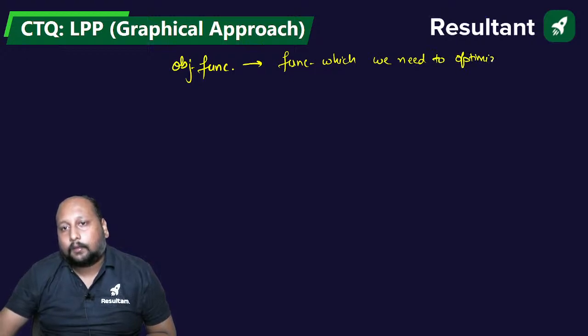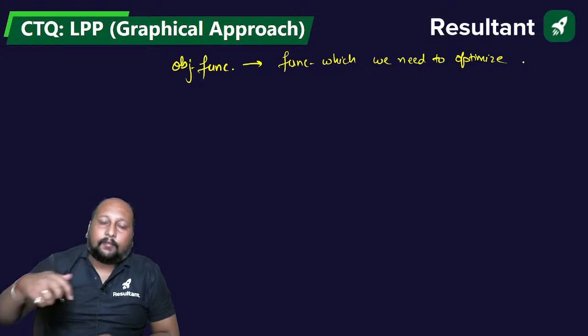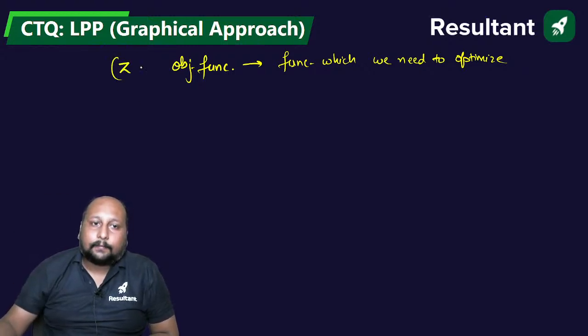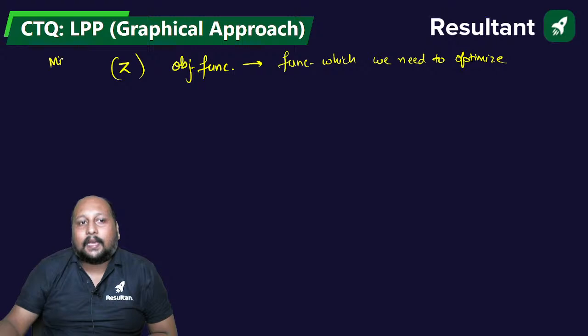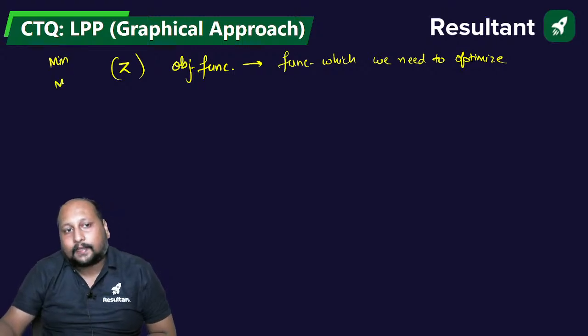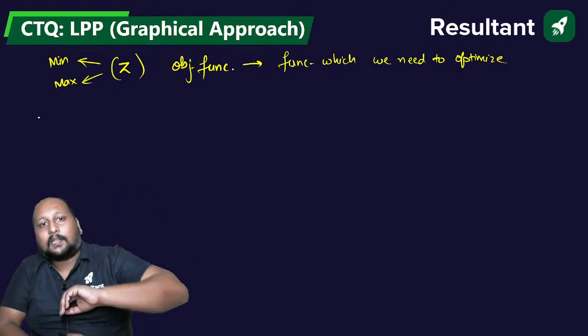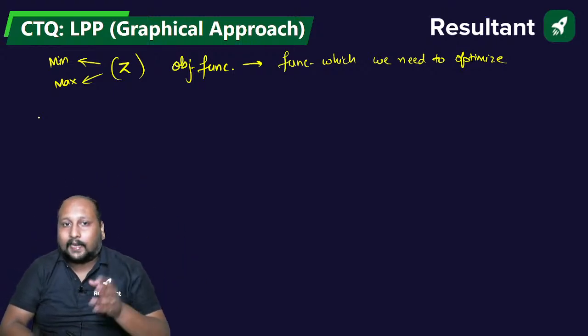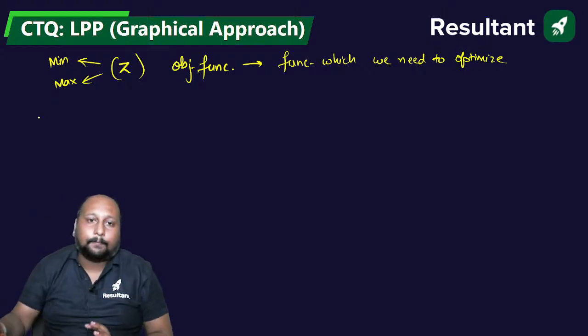It is normally denoted as capital Z, and we need to either minimize the value or maximize the value. Either I need to minimize the cost or maximize the profit. That depends, and by reading the question we will be able to understand.